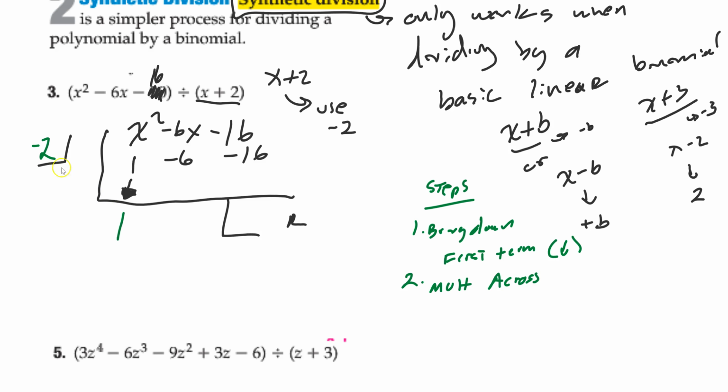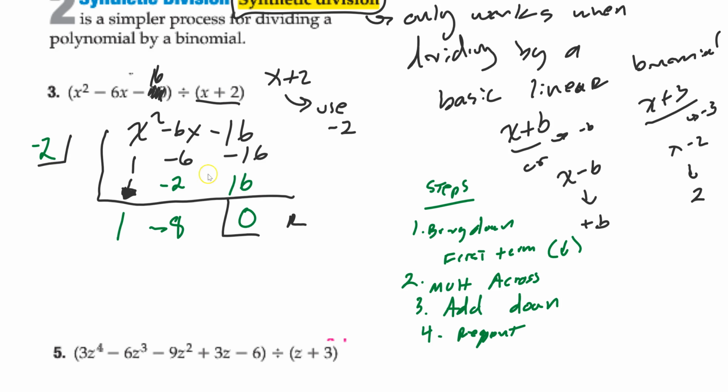So multiply that 1 by that negative 2. So 1 times negative 2 is negative 2. And then we're going to add down, and then we're going to repeat. So I'm going to add negative 6 and negative 2. We add down to negative 8. Then we're going to repeat the process. Multiply across, 16, we add down, we get 0.